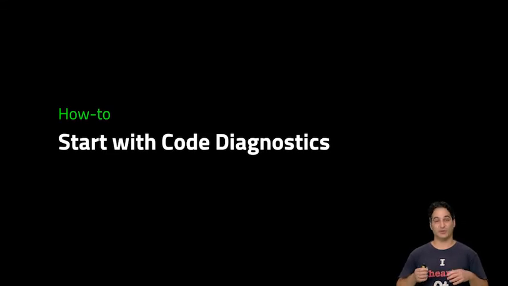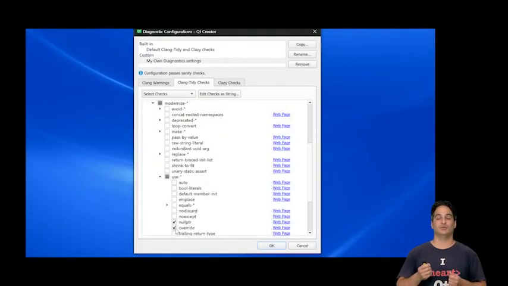We even ship these tools with Qt Creator. They are part of it. You don't have to install them separately. You open your settings and you can set up which diagnostics, for example for Clang Tidy, you want to be used in your workflow.